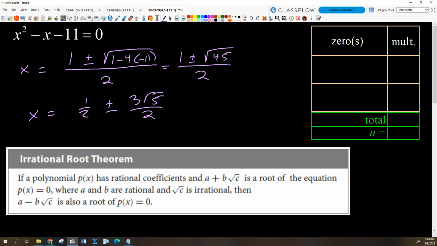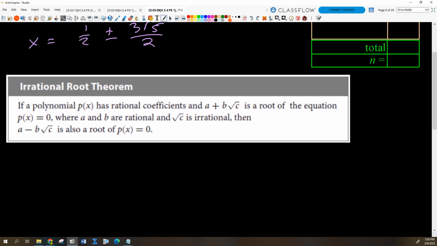If that's true, then if I get a zero of my polynomial that is in the form a plus b times the square root of c, which means an answer that includes an irrational square root that doesn't simplify to a whole number, then it has to be part of another conjugate pair.